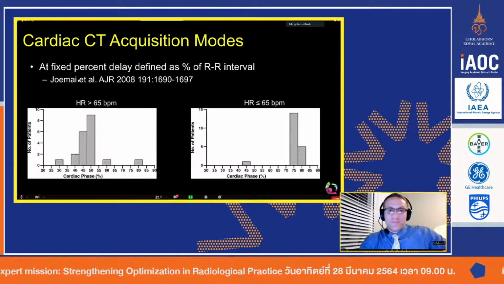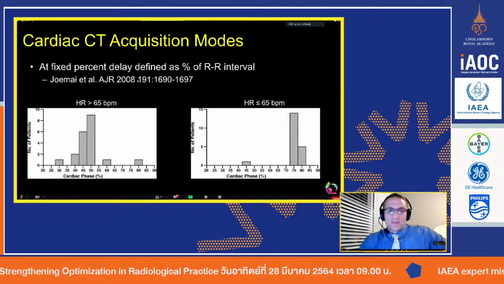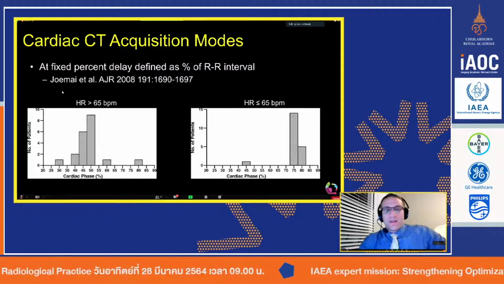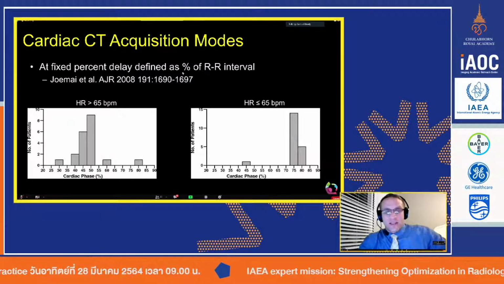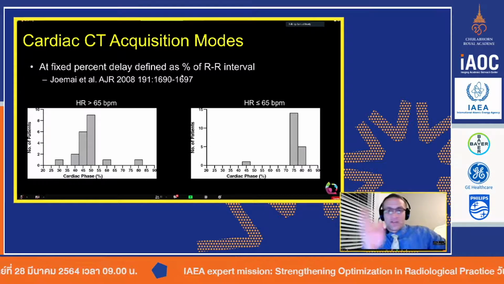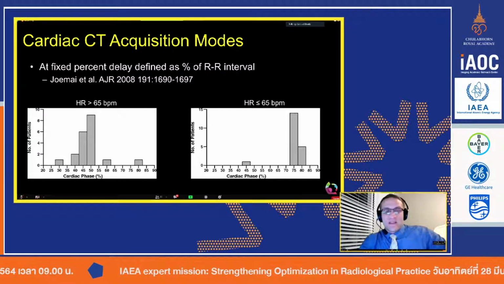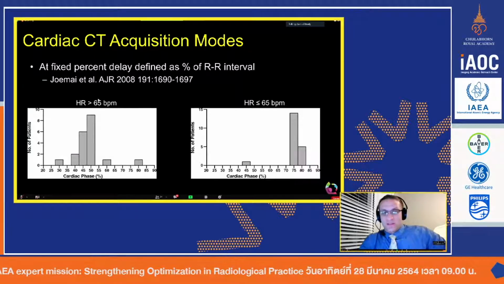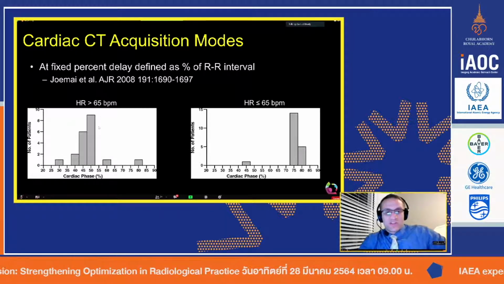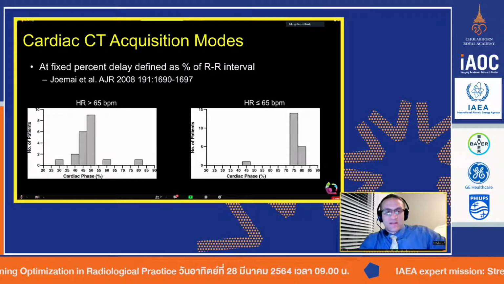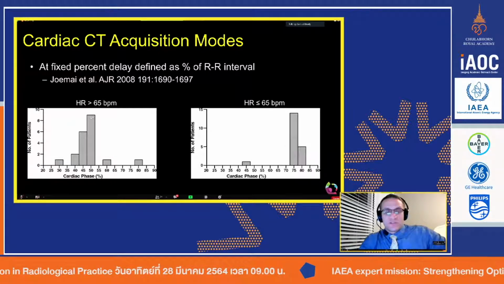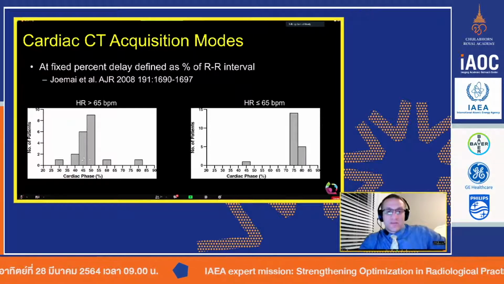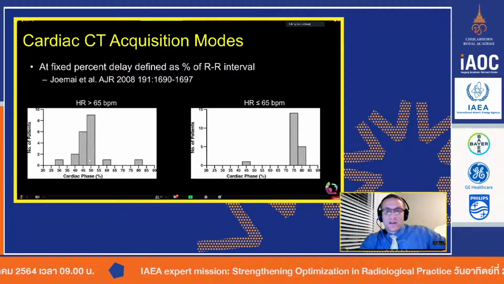In another paper, in 2008, so once again about 11 or 12 years ago, they did the same thing. They looked at all the percentage intervals, and here I'm giving you a histogram, where if the heart rate was greater than 65, slightly different than the previous publication, they said the best visualization of the coronary arteries was basically at the 50th percentile, somewhere in that range of 40 to 50% interval.